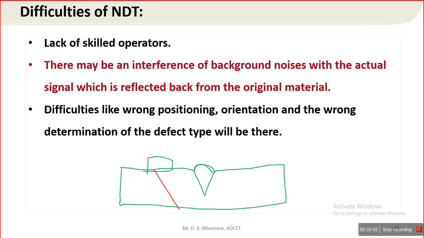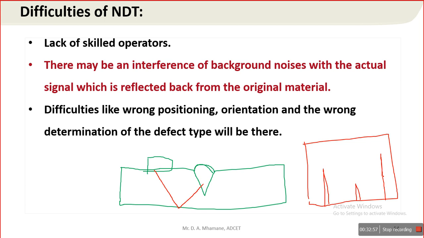It gets reflected from the back wall, strikes the joint, and the machine gives us multiple responses. As there is no crack or flaw in the welding joint, the machine shows multiple responses due to wrong positioning and wrong orientation of the probe.